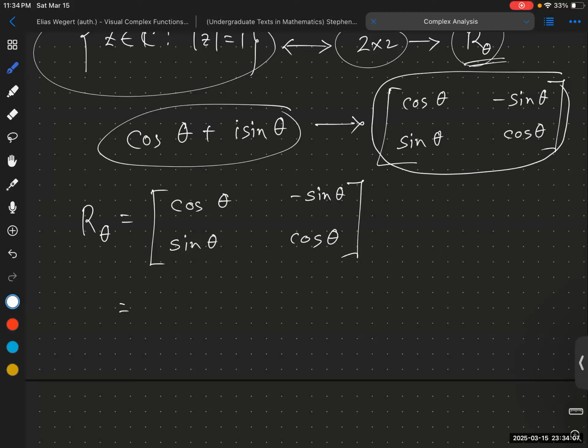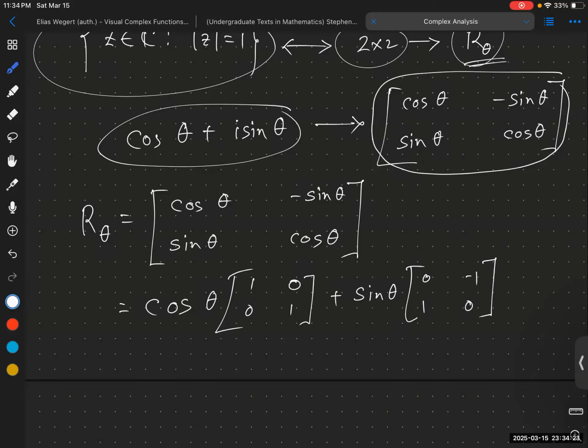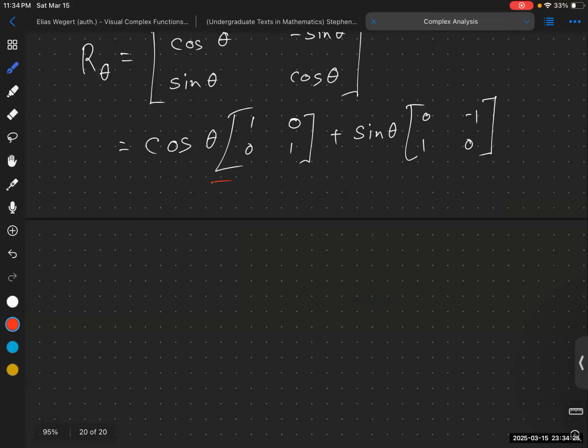If we take the coefficient of cos theta, then it should be 1 0 0 1, plus sin theta times 0 1 minus 1 0. So this quantity is basically 1 and it is the multiplicative identity. If we multiply any matrix by this matrix, the result will be exactly the same, so it basically behaves like 1.